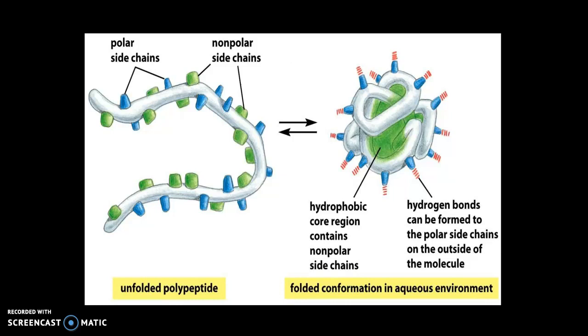Remember that example I gave, the albumin was supposed to be liquidy and clear, but when we denature it, we expose a whole bunch of hydrophobic amino acids. We straighten out the protein, and now there's all these hydrophobic amino acids that used to be on the inside of the protein, now on the outside of the protein. And so what do they do?